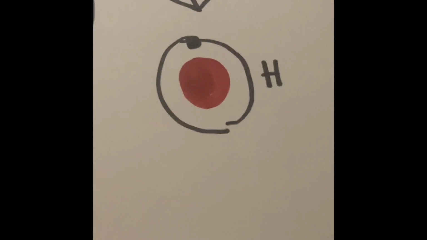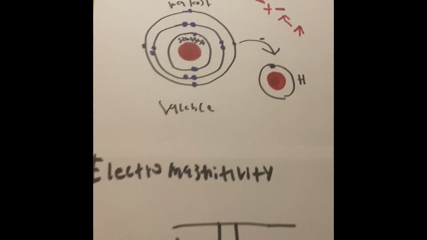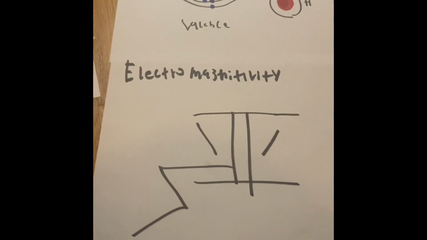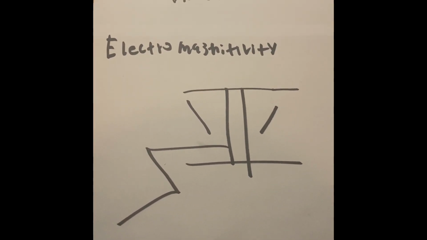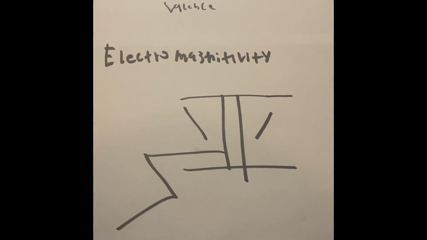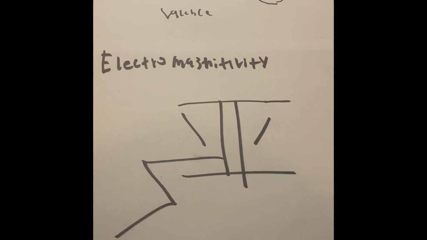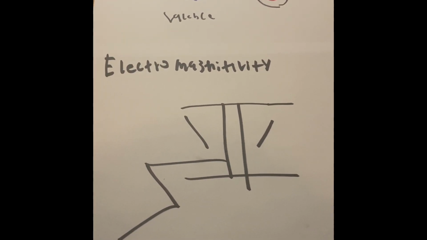Hydrogen, not so much. So the whole point of this video is that electronegativity measures the atomic radius of the atom, the charge of the atom, and also how atoms will attract electrons.